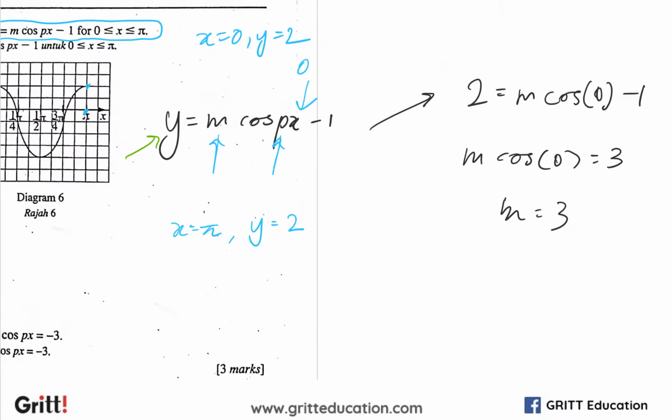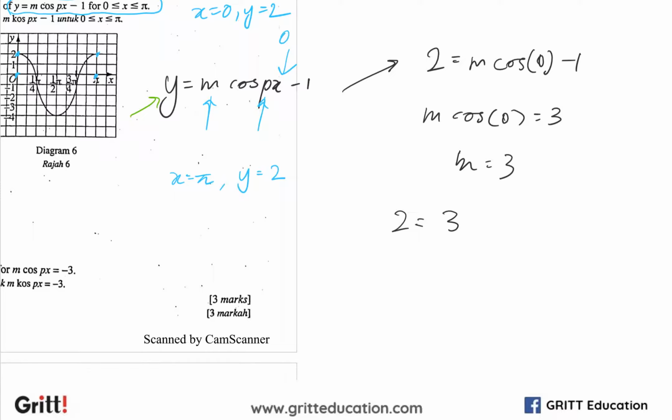So now it's going to be 2 equals m, which is 3, we found the value already, cos p pi minus 1. So 2 equals 3 cos p pi minus 1.